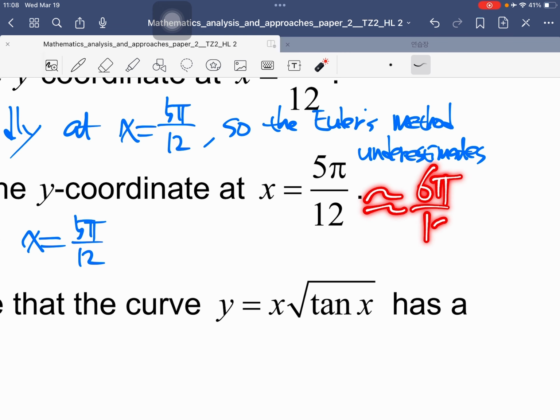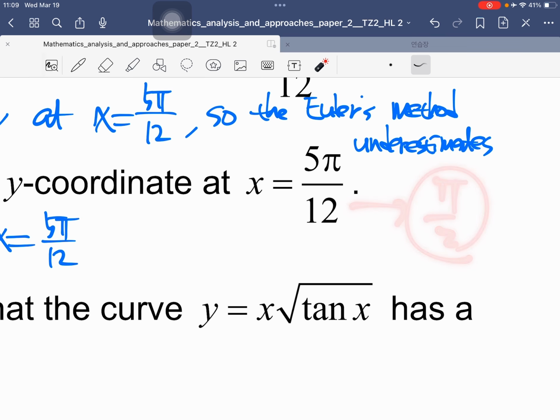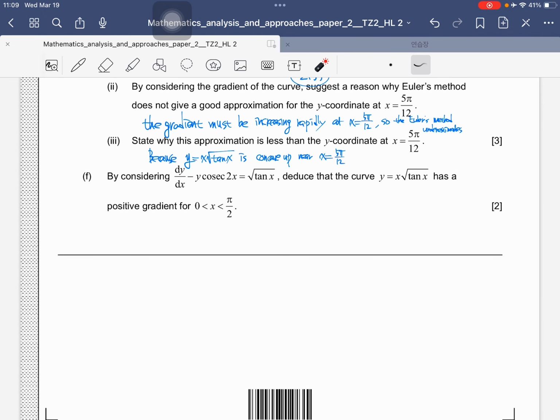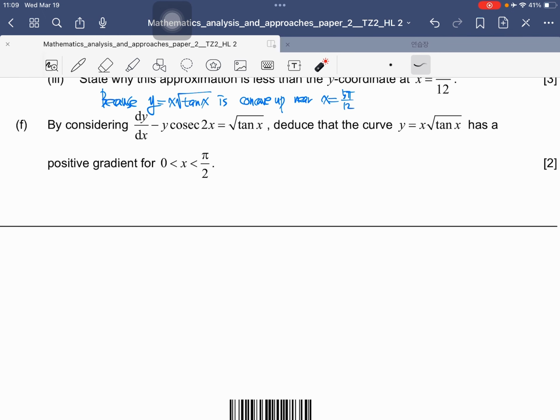So when any x value approaches pi over 2, the tangent function goes rapidly up. By considering dy/dx, deduce that the curve y equals x square root of tangent of x has a positive gradient.